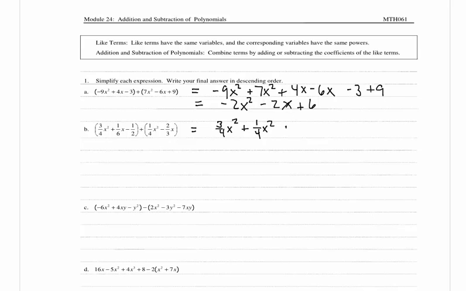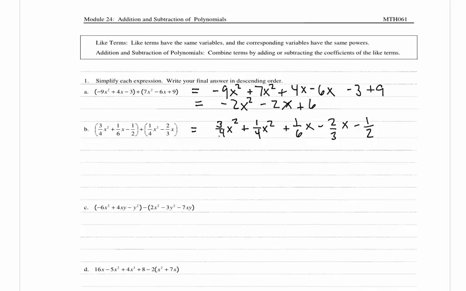And then I have plus 1/6 x minus 2/3 x and minus 1/2. So now we have fractions to deal with. So remember, to add and subtract fractions, we're going to need common denominators, and it's usually best to have the least common denominator.